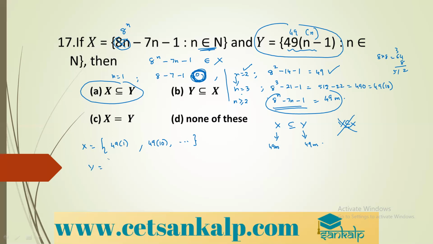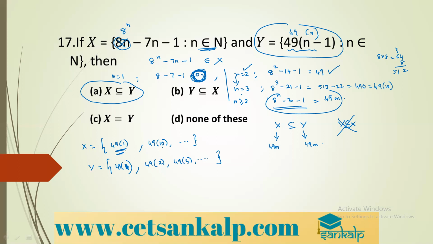But in set Y, when you put n as 1, 49 into 0, n as 2, 49 into 1. I'm writing directly. n as 3, 49 into 2, n as 4, 49 into 3. So all multiples of 49 are there. In X, all multiples of 49 are not there.